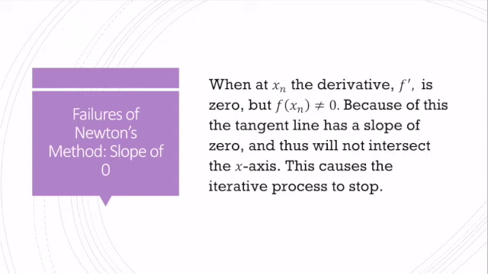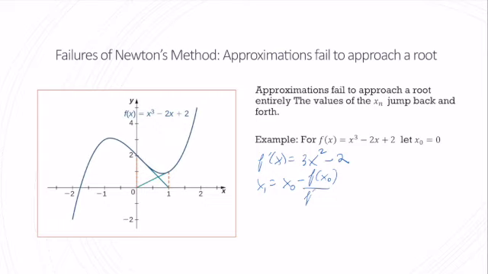Another one is when approximations fail to approach a root. So let's work through this example. f prime of x equals 3x squared minus 2. x1 equals x sub 0 minus f of x sub 0 over f prime of x sub 0. That gives me 0 minus 2 over negative 2, which is going to give me positive 1. Cool.